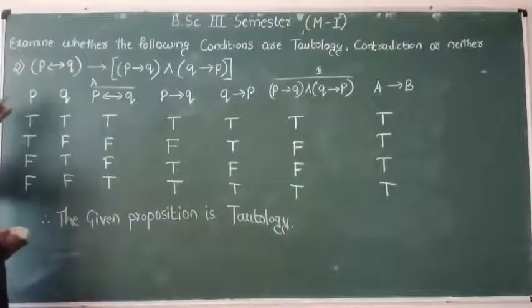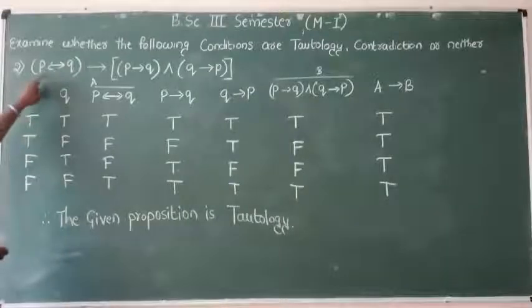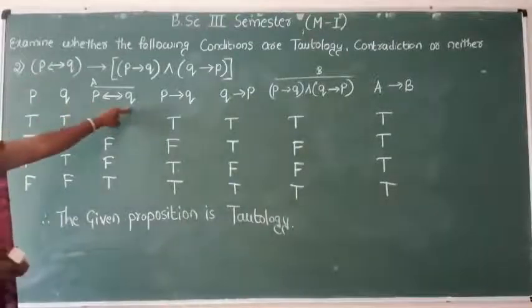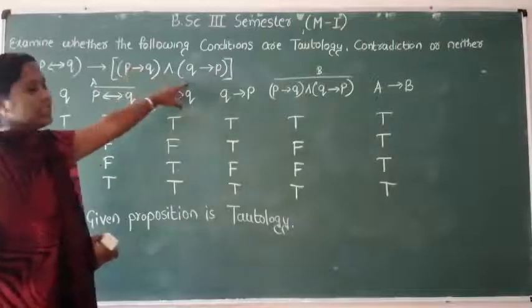Got it? First we have to take P, Q. First condition P by conditional Q. Next in B, two combinations are there.